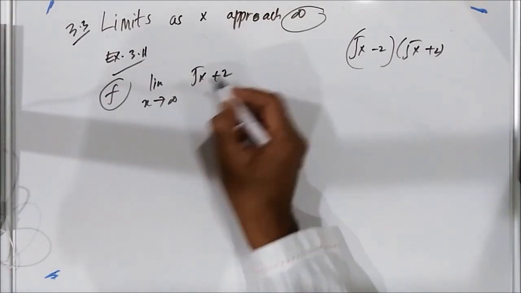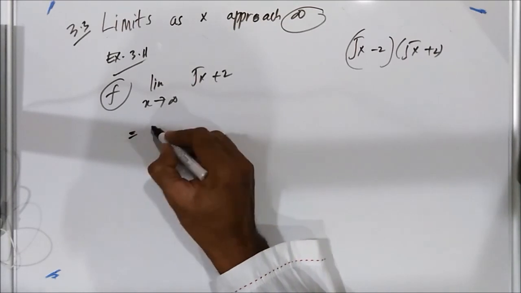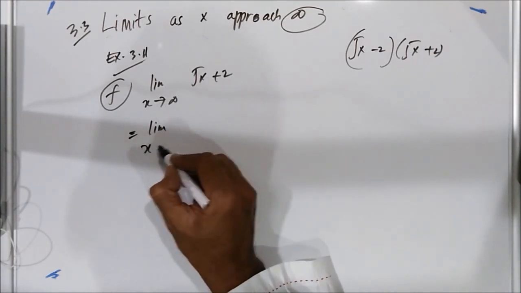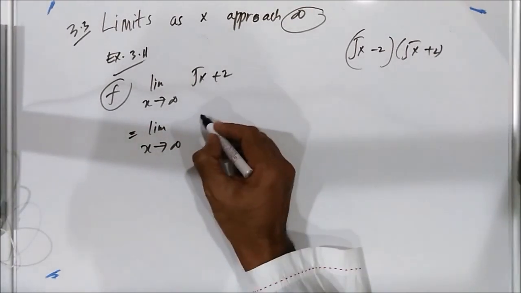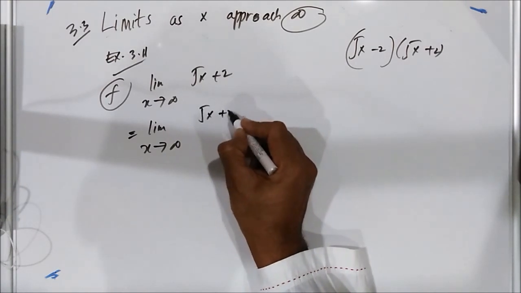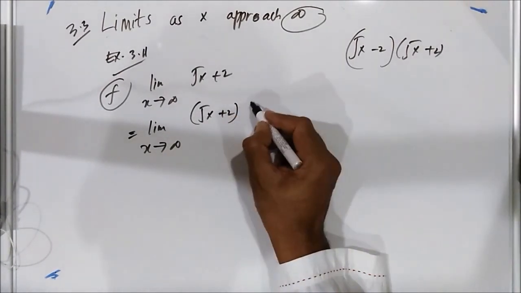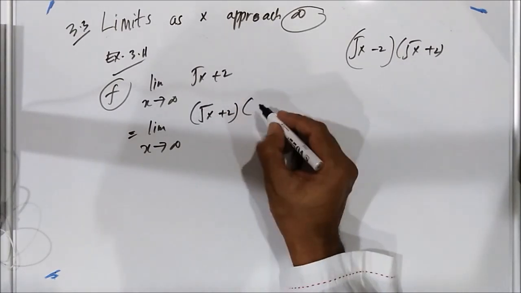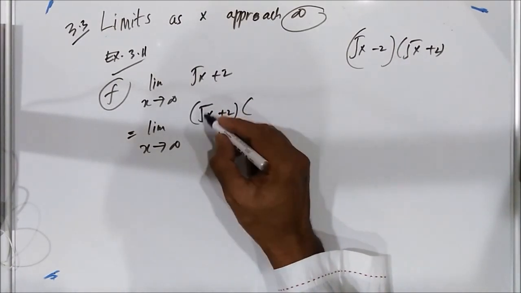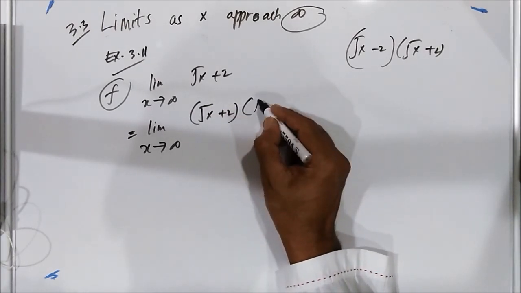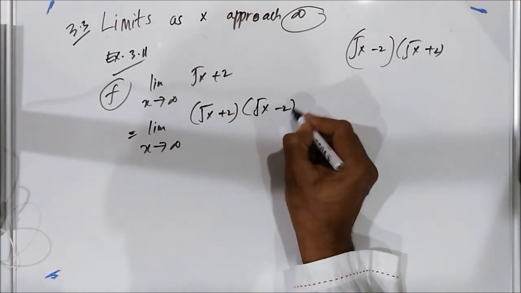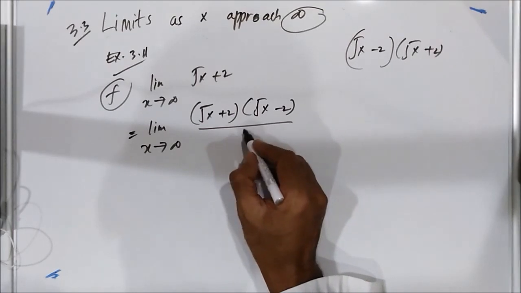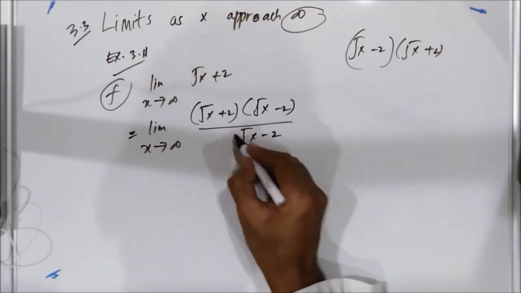This is equal to the limit as x approaches infinity of square root of x plus 2, then you multiply by square root of x minus 2 divided by square root of x minus 2, to cancel off the radical function here.